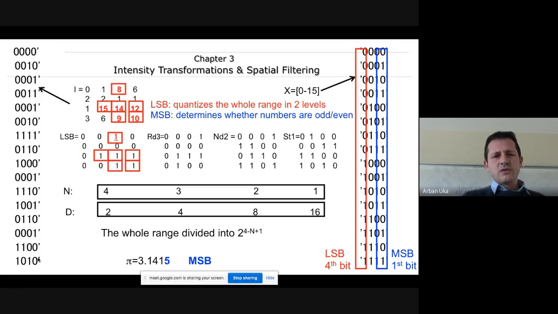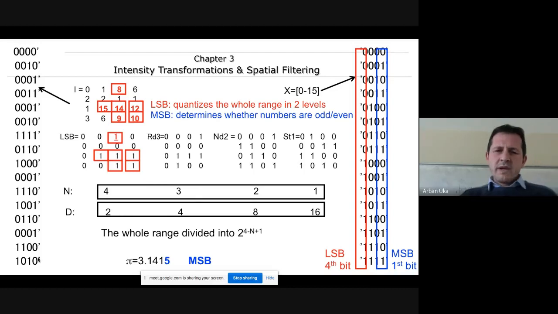Okay, so if we want to see what the fourth bit does, and in how many sections we want to divide the whole range, we see that for the fourth bit, we have to divide it in two different domains, 0, 1. Okay, so we put the threshold right in the middle. For the third bit, the information that it is carrying can be divided in 4 domains as we showed on the board.